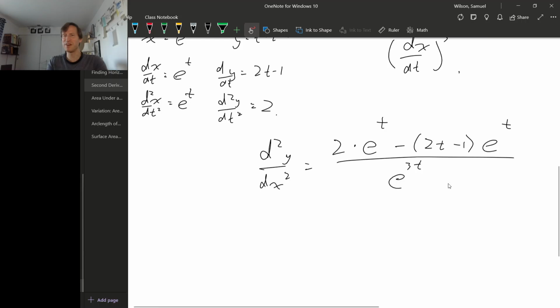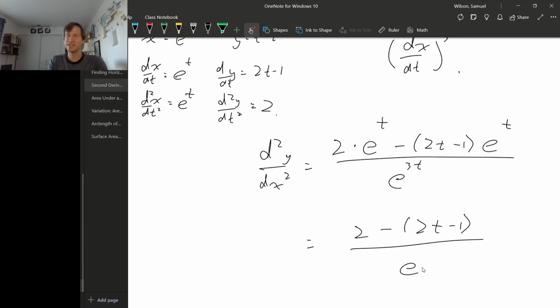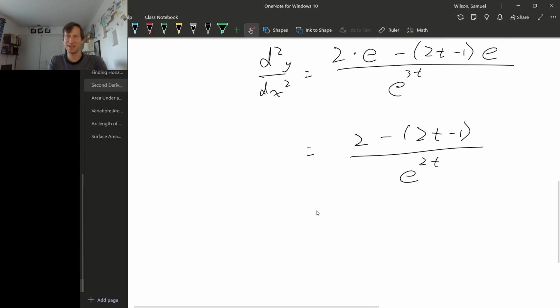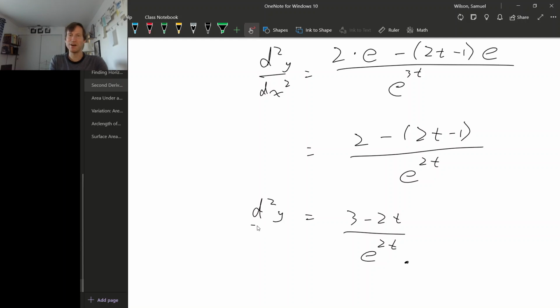And then we can simplify this, right? We can get rid of a factor of e to the t. So 2 minus 2t minus 1 all over e to the 2t. And then we can combine like terms, I guess. So 2 plus 1, so 3 minus 2t over e to the 2t. And this is the second derivative of y with respect to x.